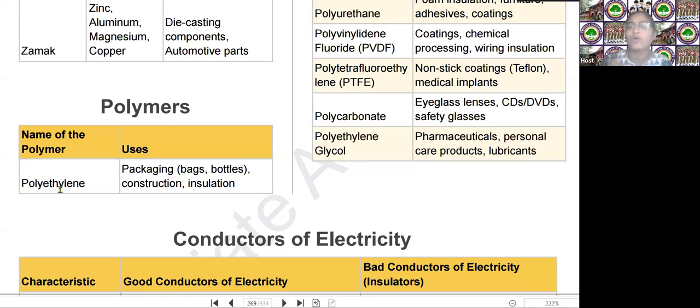What are the uses of polyethylene? It is used in packaging.